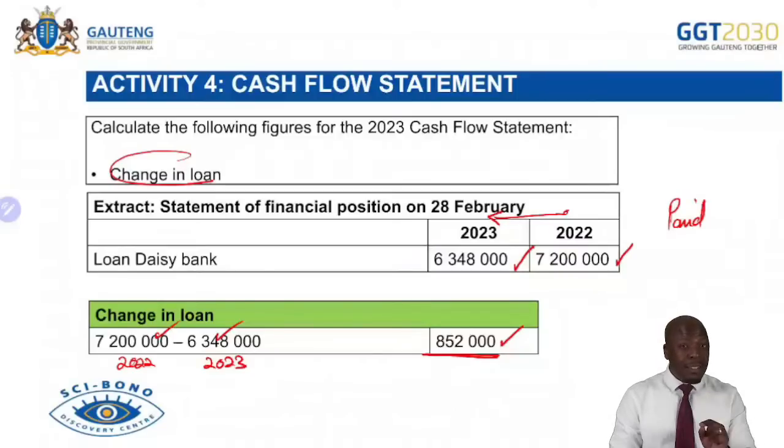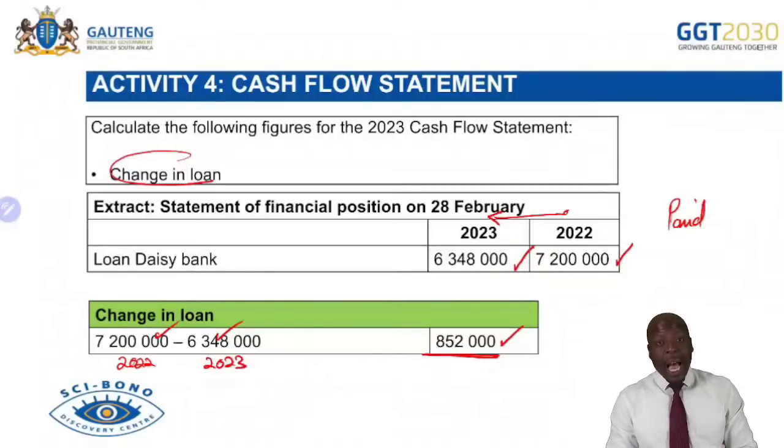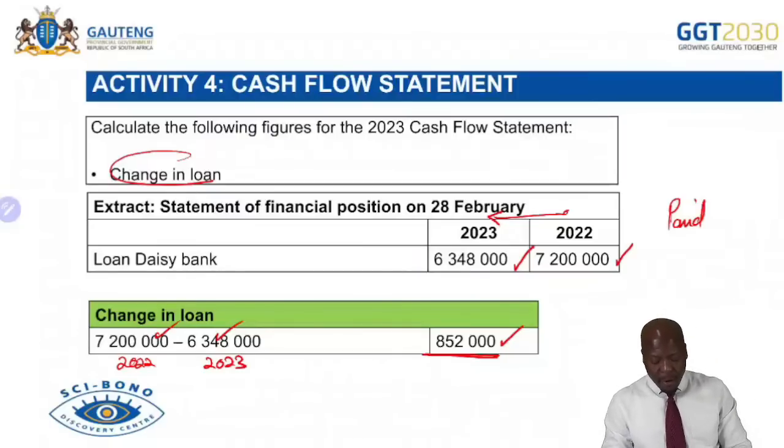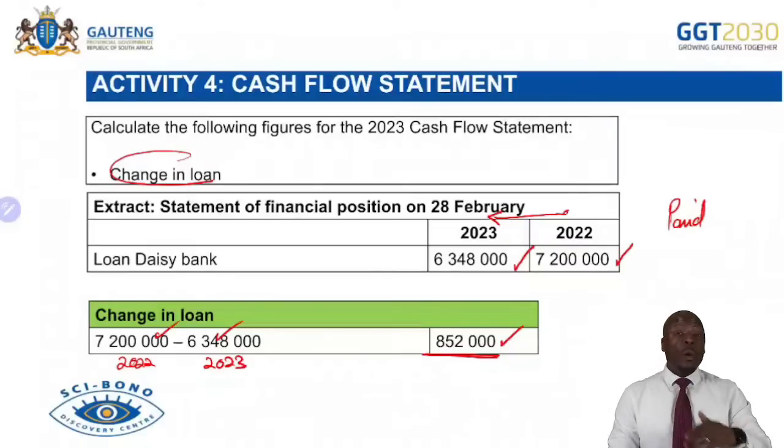You must listen to the examiner's instructions carefully. At times they would want to know how much was paid on the loan, or how much was received from the loan. Here they just wanted the change in the loan, which is 852. Remember, when we pay a loan, cash outflow. When we receive a loan, cash inflow.